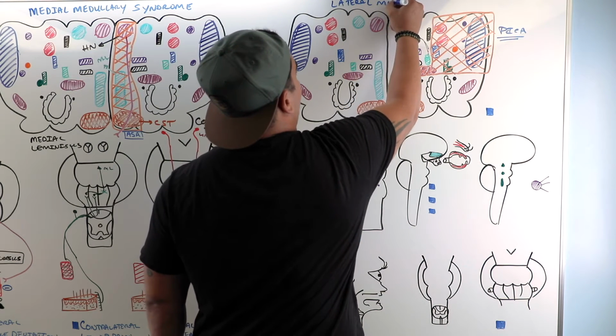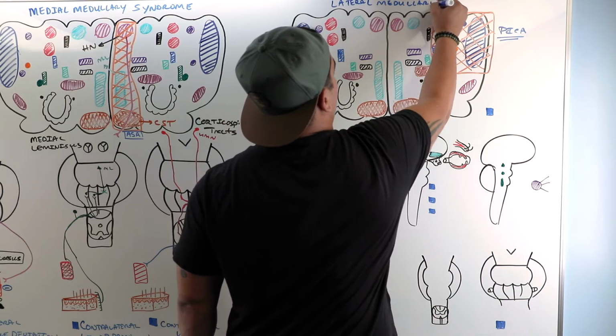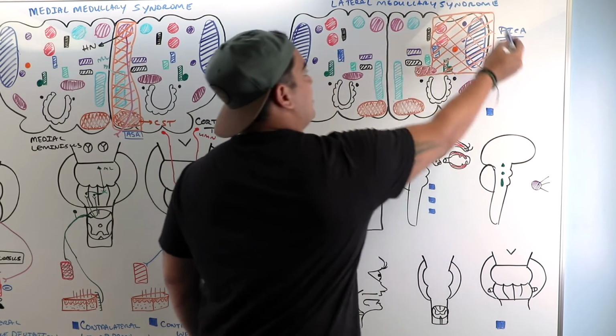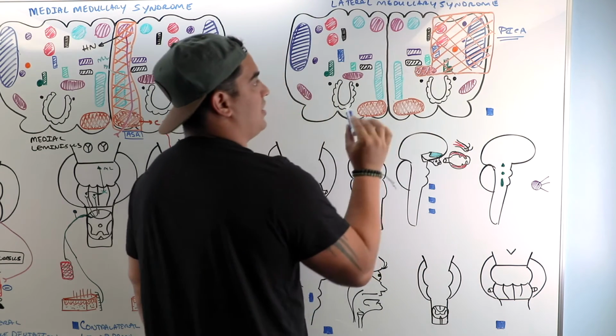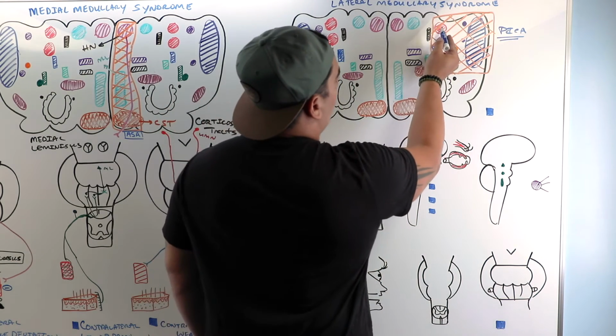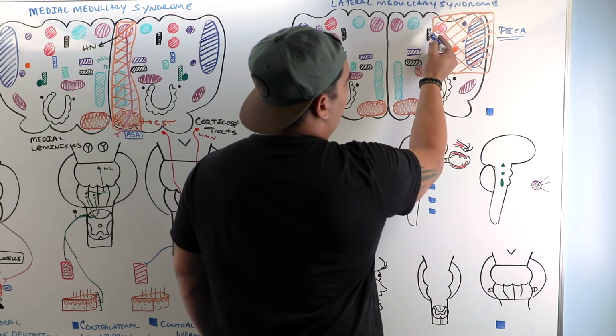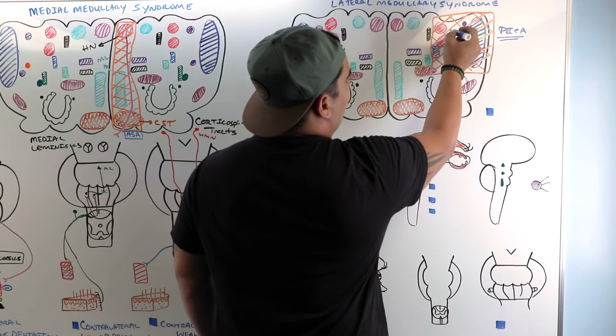So lateral medullary syndrome is going to involve what type of structures in here? Okay, what did we call these guys? So we had hypoglossal nucleus, dorsal nucleus of vagus, nucleus tractus solitarius. What did we say was next?